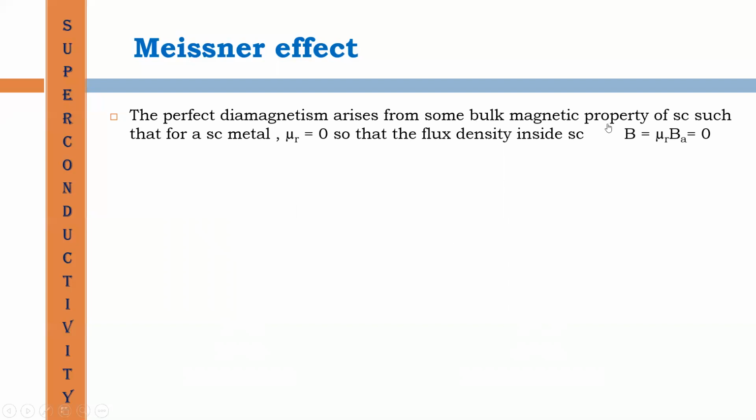B is equal to mu r into BA. Mu r is equal to 0, then B must be equal to 0.